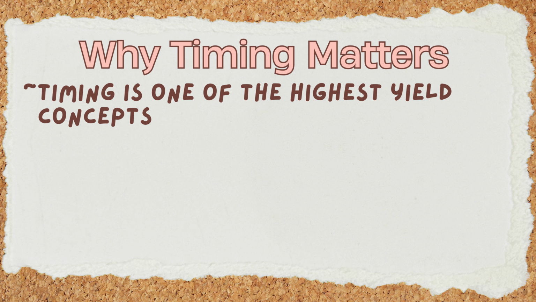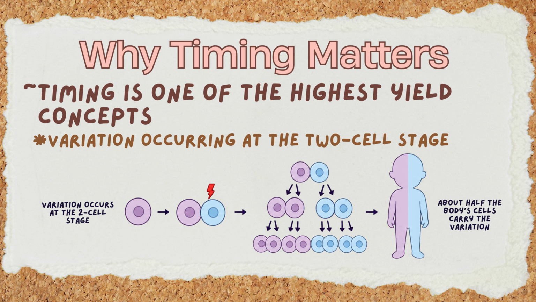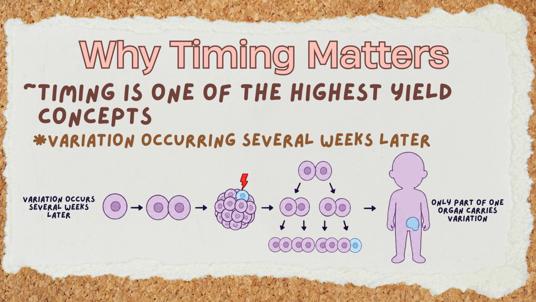Now, timing is one of the highest yield concepts we'll cover. Imagine a variation occurring at the two-cell stage. Half of the body's cells may eventually carry that alteration. Now imagine the exact same variation occurring several weeks later. Perhaps only one part of one organ carries it.